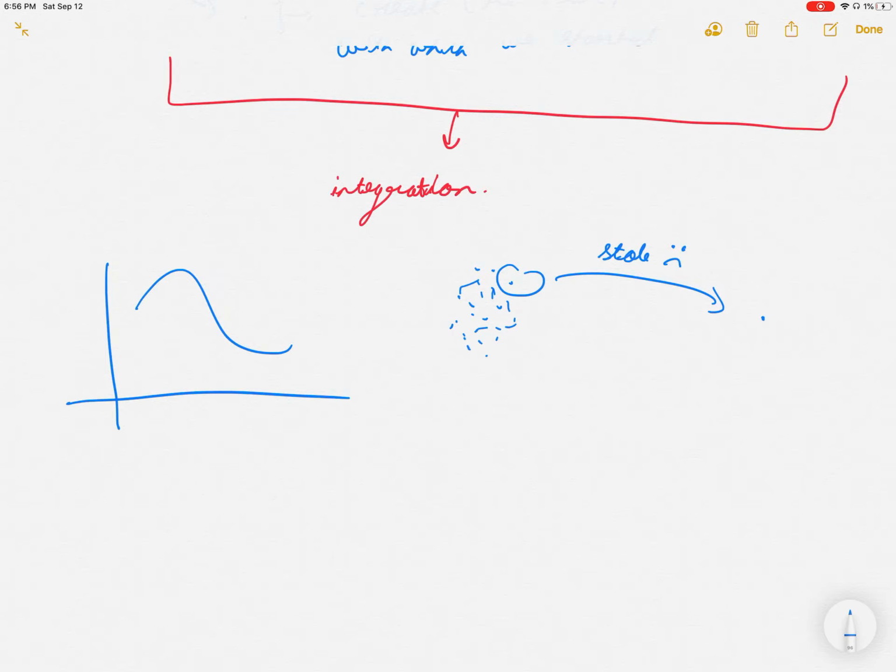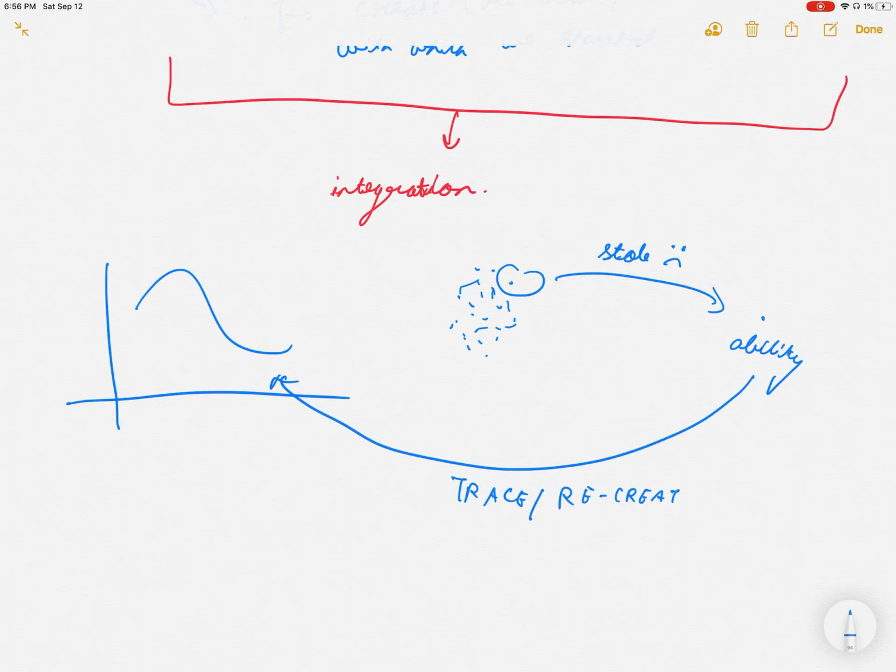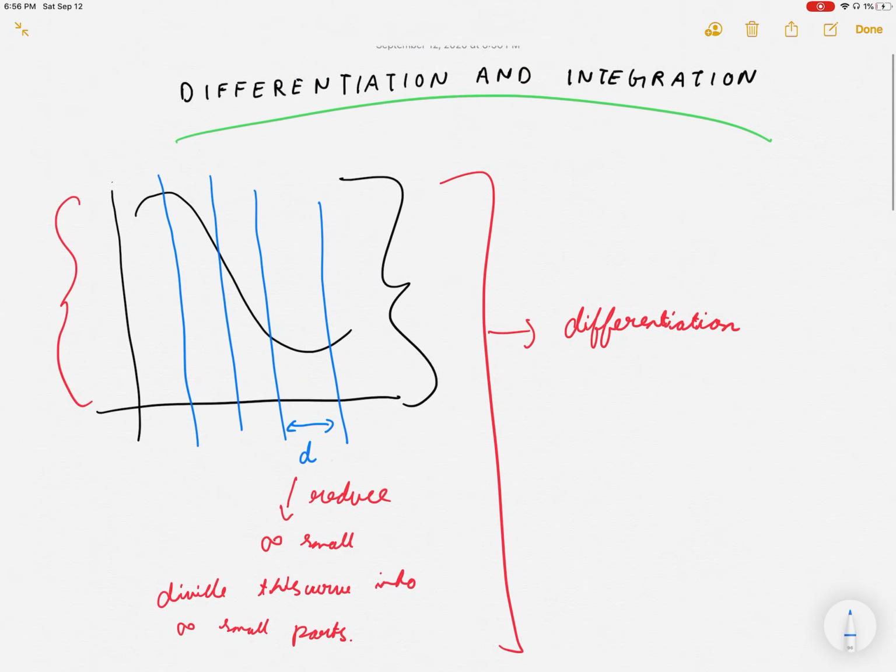And now you have one of these infinitely small parts. Now you will have the ability to trace, recreate the entire curve by it. And that, my friends, is integration and differentiation.